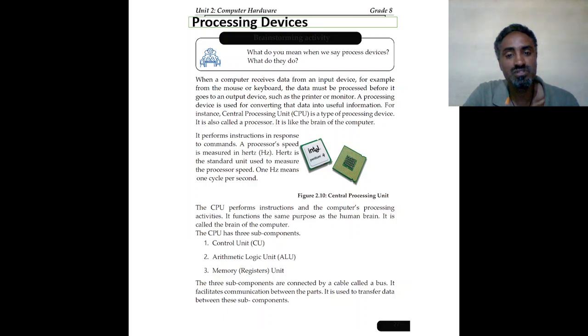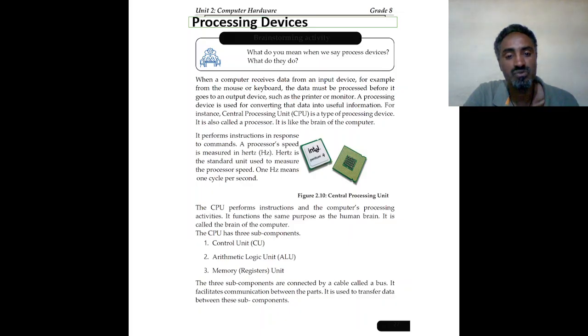The CPU has three subcomponents: the control unit, the arithmetic logic unit, and the memory or register unit. What are the functions of these three components? Let us see. The three subcomponents are connected by a cable called a bus. How can they communicate with each other?